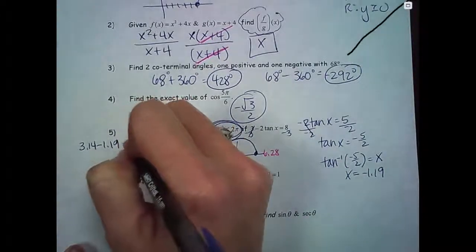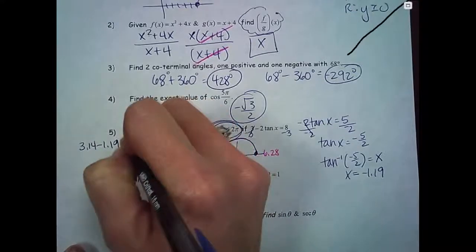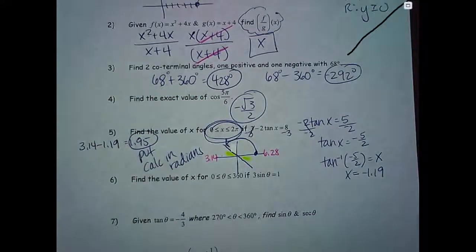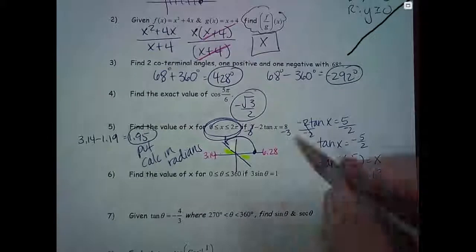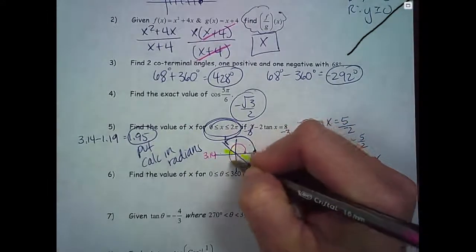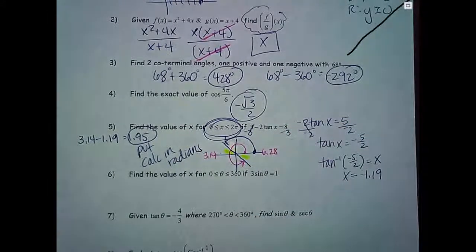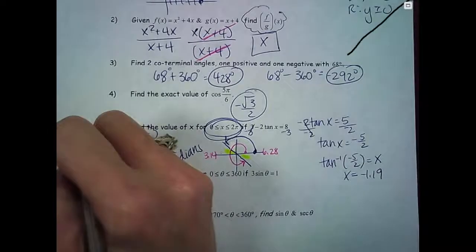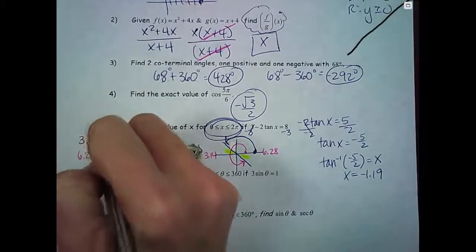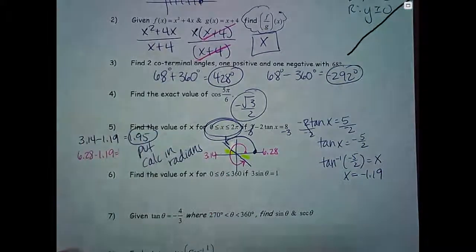Is that what you got? That's one of your answers. Now for the other answer, you're going to start here and go all the way to the second line. But instead of taking 360 minus the 1.19, we're going to do 6.28 minus 1.19, giving us 5.09.